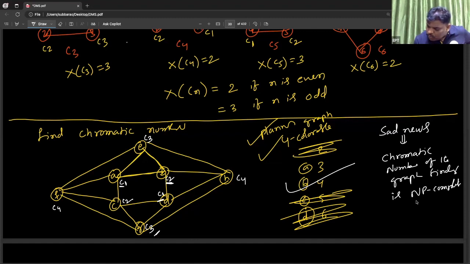That means there is no algorithm. You have to check manually. You have to use your brain. You have to use common sense.